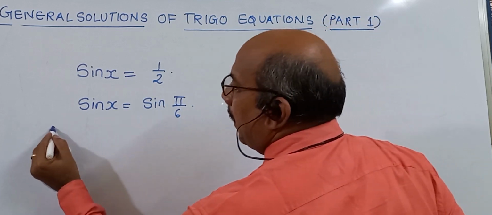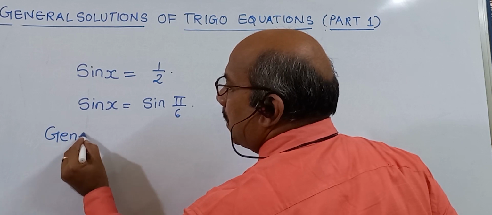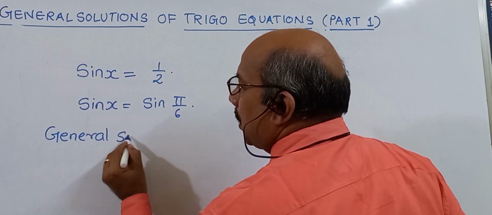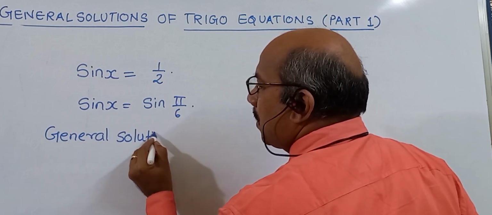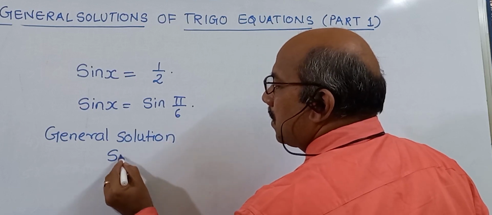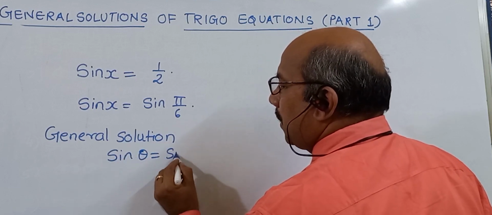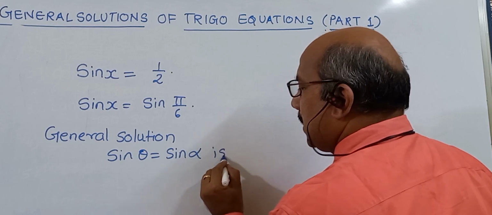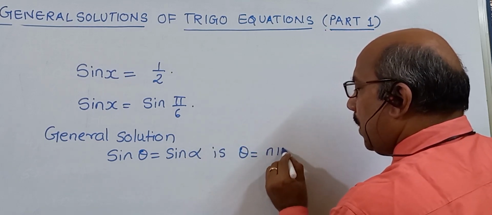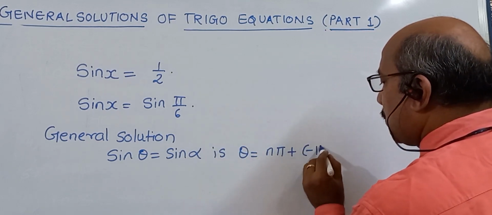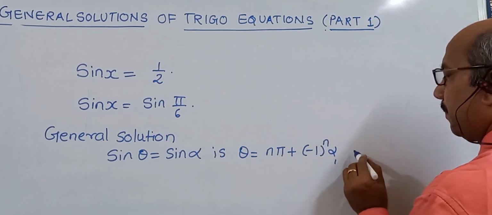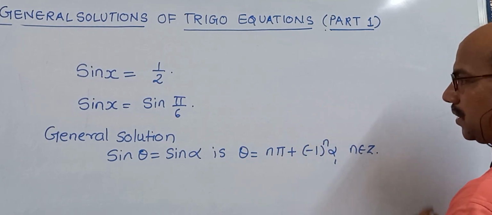Now write down the formula. General solution: sin theta equal to sin alpha is theta equal to n pi plus minus 1 raised to n alpha, n belongs to the set of integers.